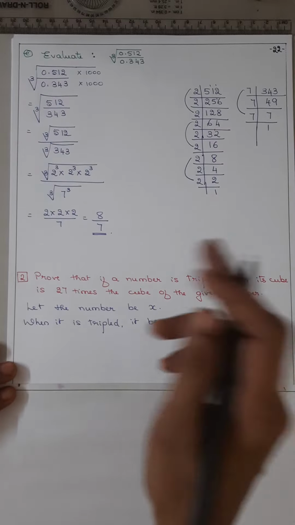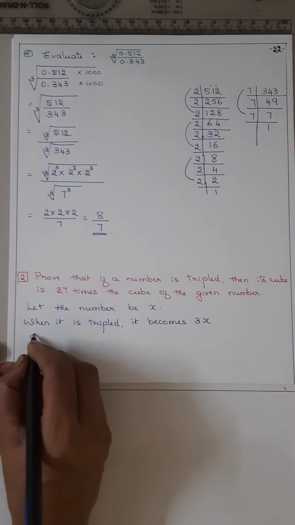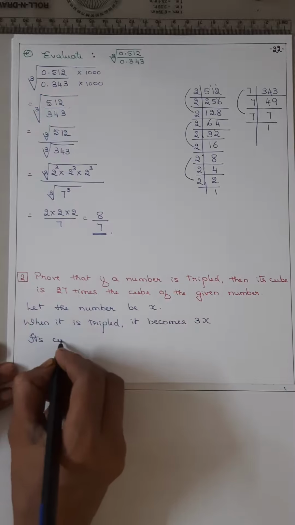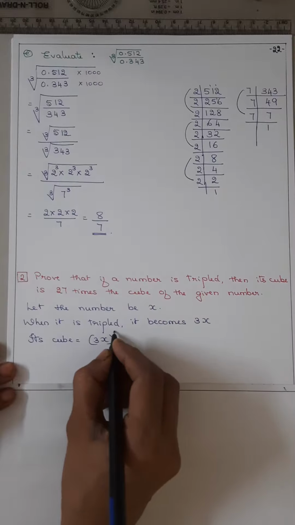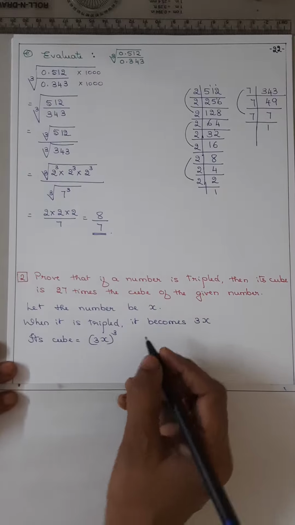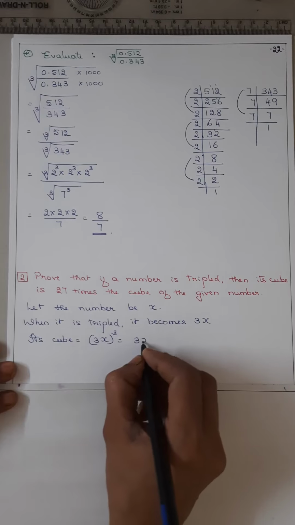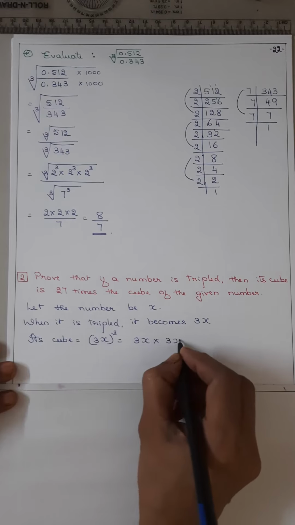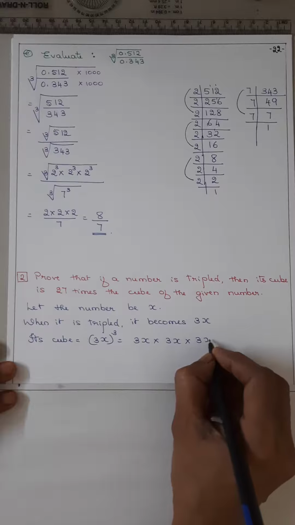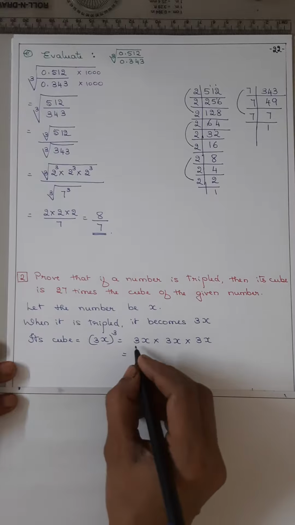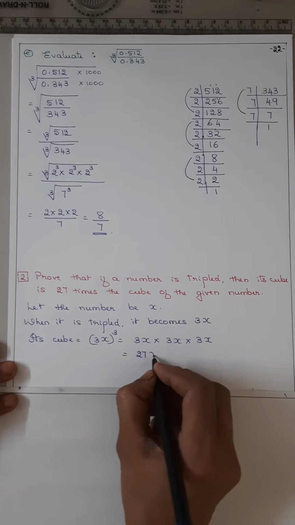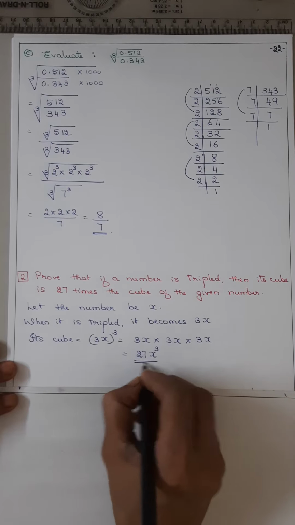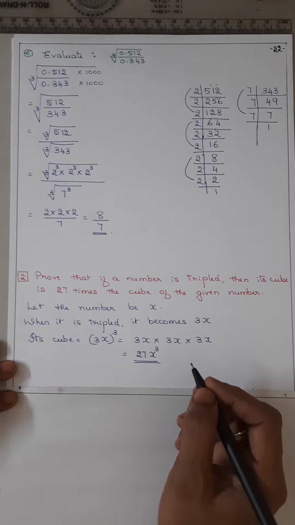Now its cube. So find out its cube. That is 3x the whole cube. Isn't it? That means 3x into 3x into 3x. That is 3 3s are 9, 9 3s are 27, x 3 times, that is 27x cube.